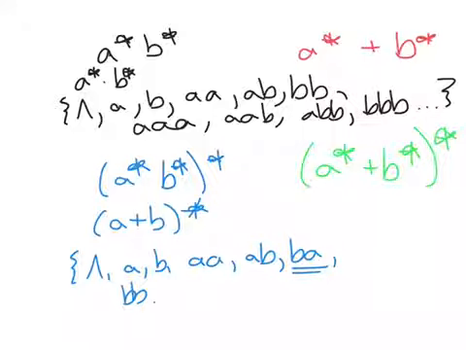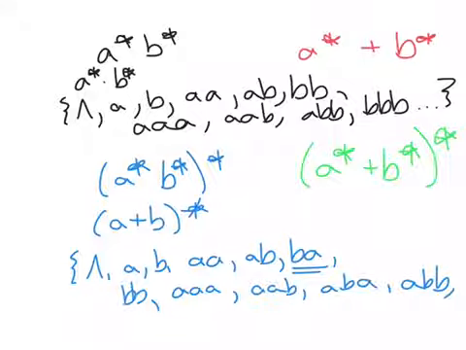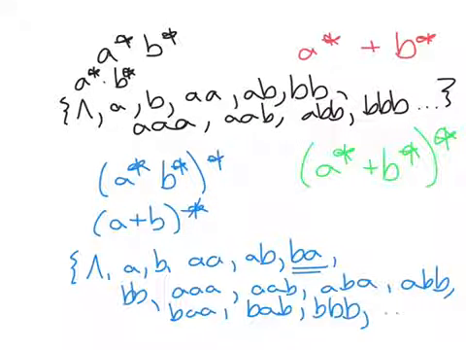I have BA, right? And then I have all strings of length 3, so I've got AAA, AAB, ABA, ABB. I'm just doing them in almost the order I count binary numbers. BAA, BAB, BBB, and then I'll give you your dot, dot, dots, okay?